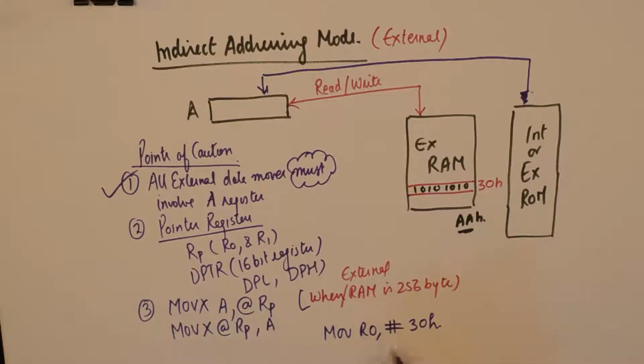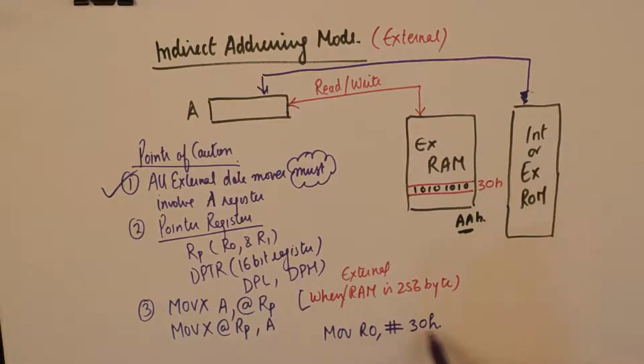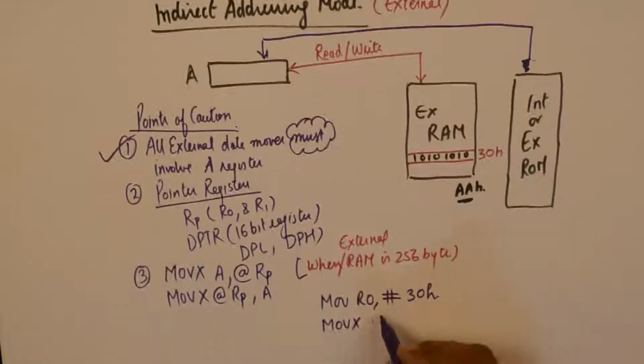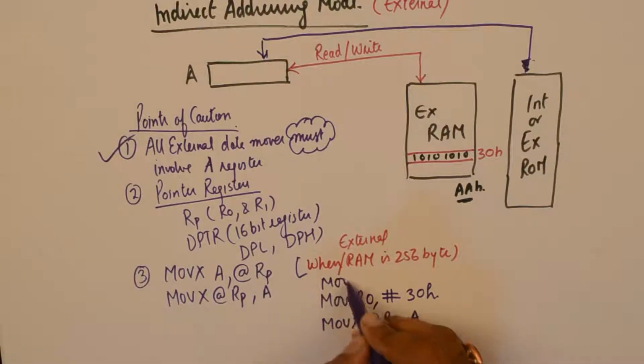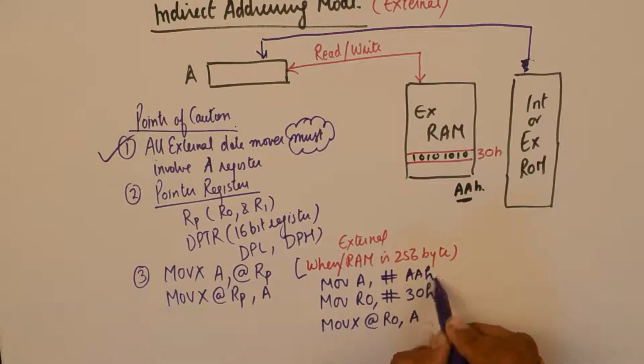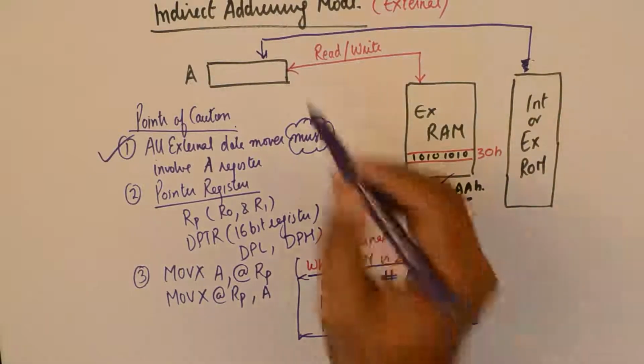So now R0 is being made as a pointer to an external register which has an 8-bit address, and then I'm going to use MOVX @R0. Firstly I'll need to move into A the data AAH. So this code will do this job.